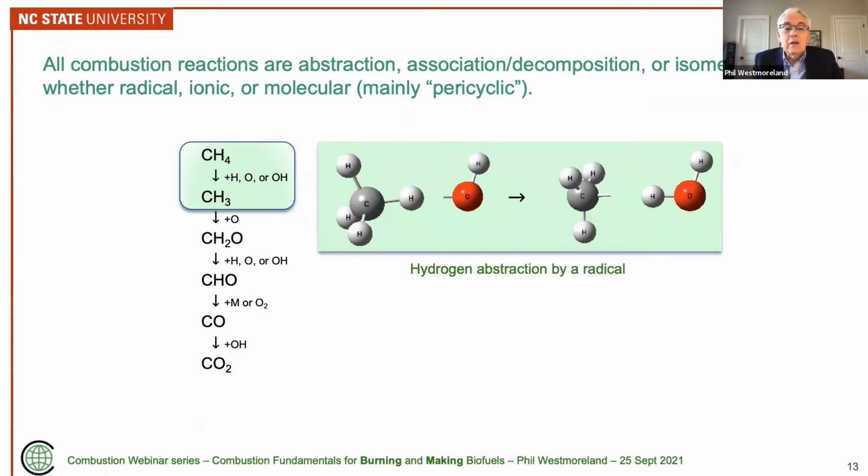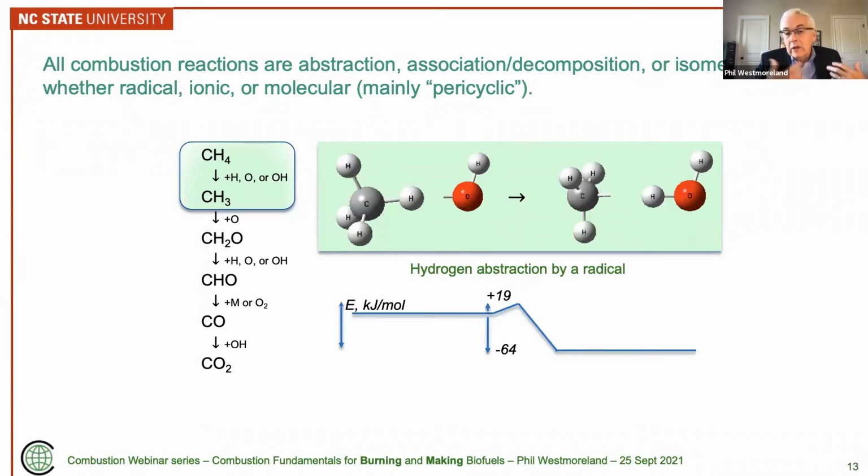We can take that hydrogen abstraction and look at energy diagrams, and characterize the energy barrier it takes to actually grab and pull it off. In this case it's about 19 kilojoules of barrier, but it gets you about 64 kilojoules when you go to products.